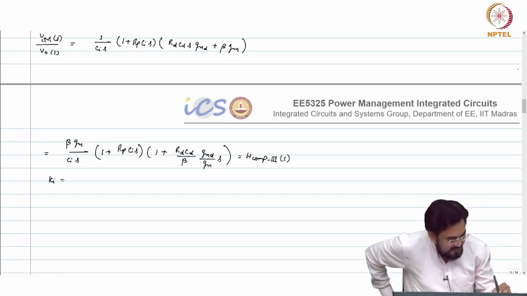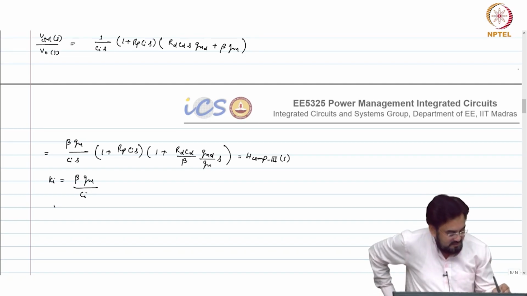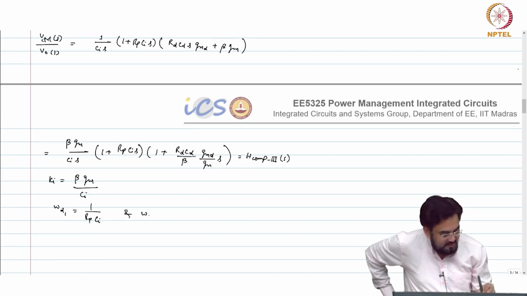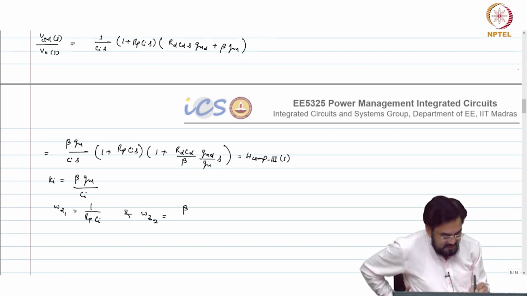This will not change. Now second 0 is coming at where? So your Ki is beta Gm over Ci. Omega Z1 is 1 over Rp Ci, and omega Z2 is what? 1 over beta GMD by GM into RD CD, which is beta over RD CD into GM by GMD.